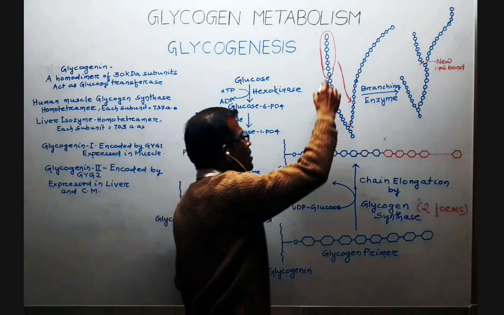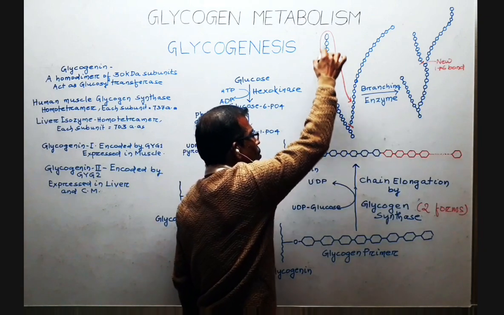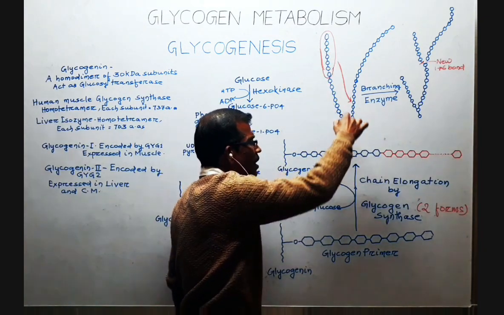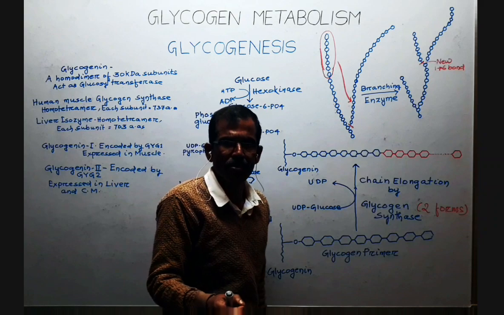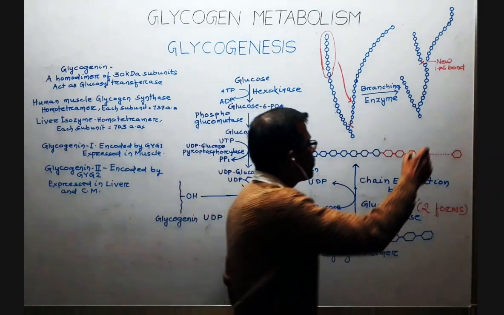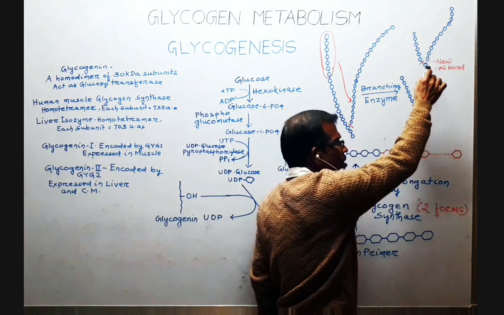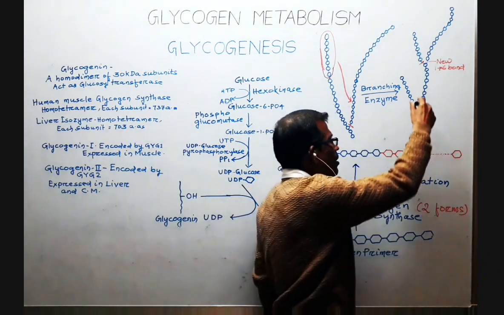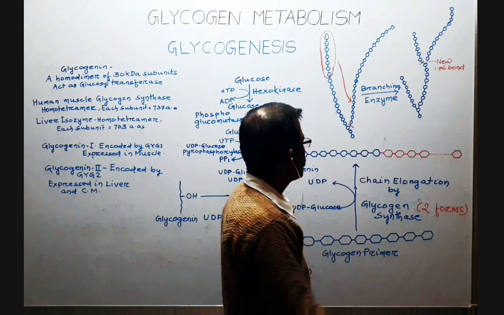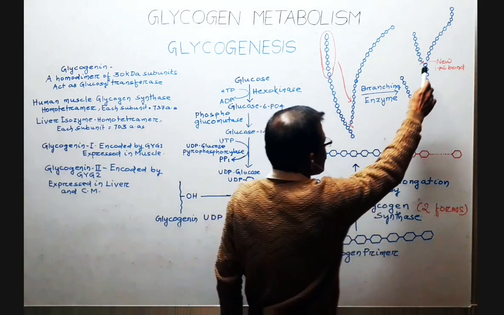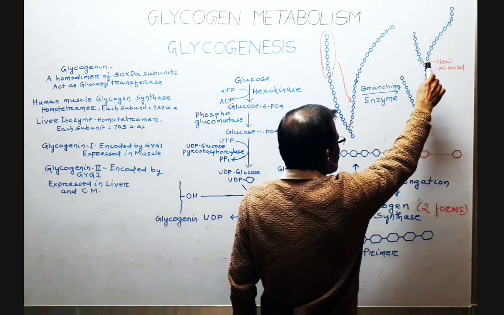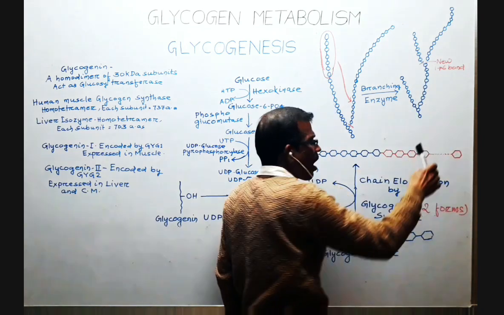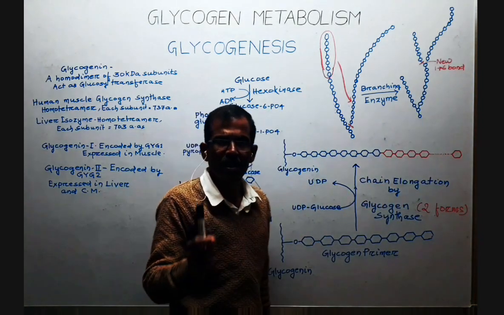The transferred segment must come from a chain which has at least 11 residues. And the newly formed branch point must be 4 residues away from other branch points. So the formation of the branch point is due to the generation of an alpha-1,6 glycosidic linkage.